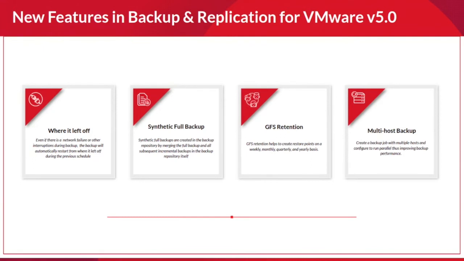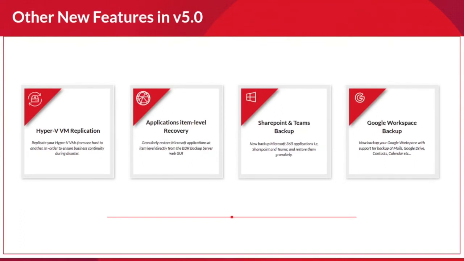Now you don't need any vCenter. You just directly add all the ESXis to the backup server, pick the VMs from different ESXis in a single job, and configure the backup for it. So this is multi-host backup.